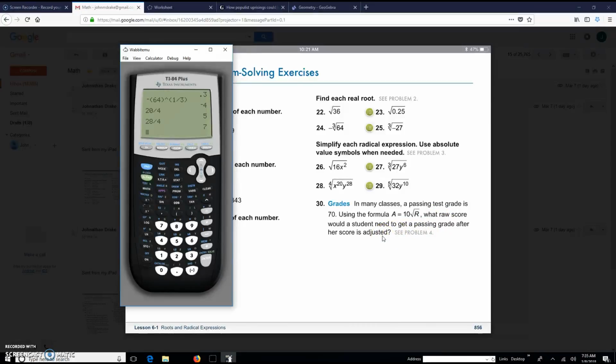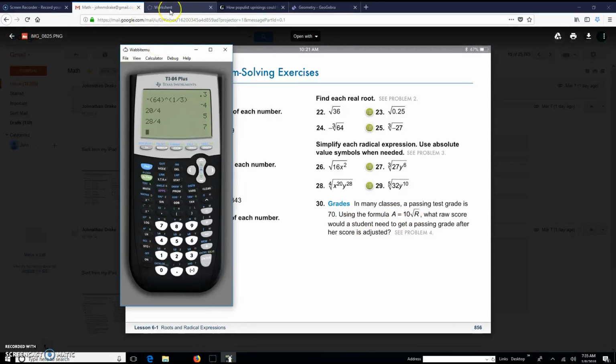The thing to know about word problems is they will try to use a letter that represents the first word, the initial of what you're looking for. So A goes for adjusted, R goes for raw score. So they give us the adjusted score of 70, because that's what you need the adjusted score to be. So we've got to find R.